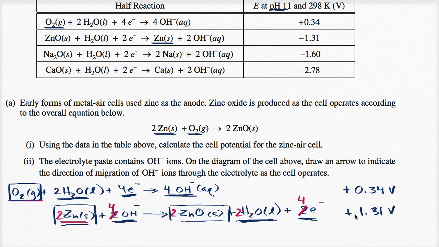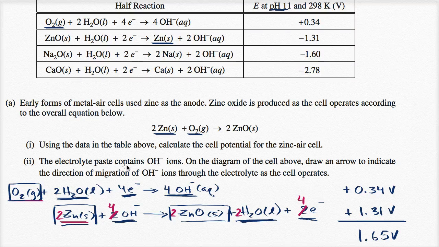But voltage isn't a quantity that depends on the number of charges or the number of molecules. It's the potential per unit charge, is one way to think about it. And so for this whole reaction, we would just add the combined voltage of both of these, and then you would get 1.65 volts.